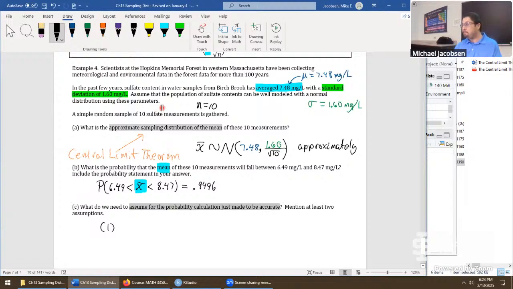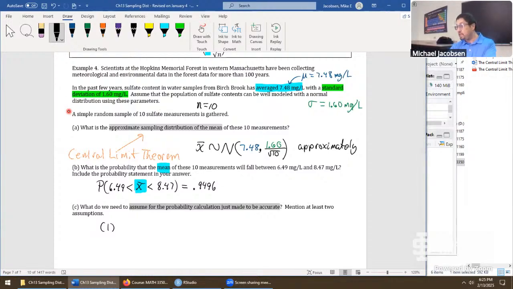If for some reason maybe the students went out to gather the sample or some lab assistants went out and they were just short on time, sometimes people just go and take the most convenient sample possible. Maybe just go right by where the parking lot is, grab some samples and call that good. But that wouldn't be a simple random sample whatsoever for something like this.